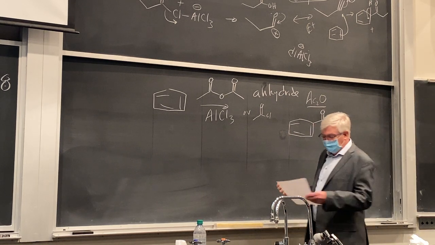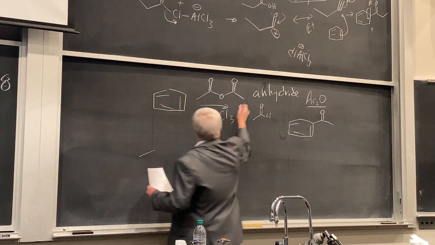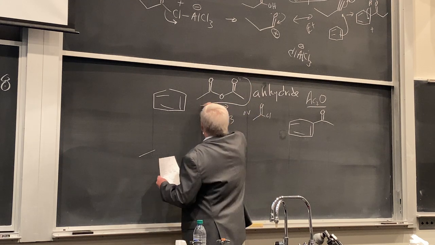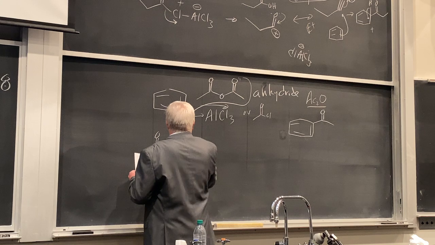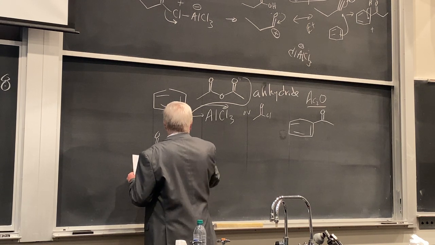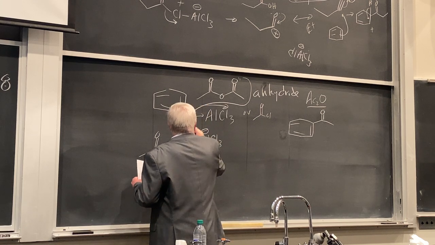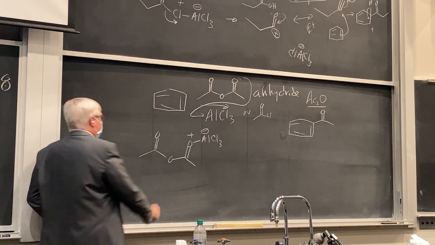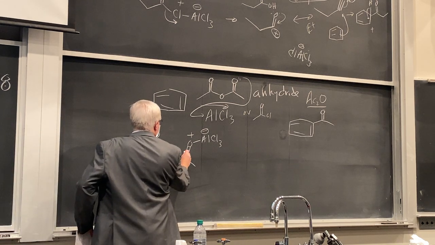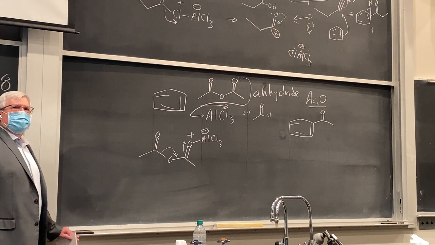Well, how does this work? Well, it's similar. Let's coordinate a lone pair here into the empty orbital. And what do we get here? Aluminum chloride. Okay. And we need to break a bond here to get our acylium ion. So just one of the carbonyls of the anhydride gets on there.